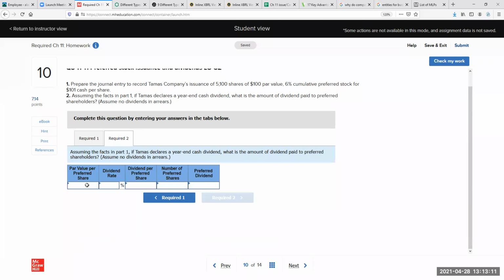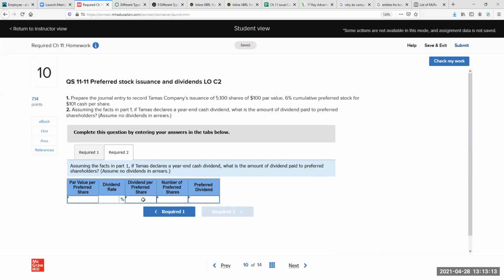And in 2, it says the preferred shares times the dividend rate, dividend per share. Well, y'all, what's the par value? 100. What rate do they get paid? 6%. So how much is the dividends per share? 6% of 100 is, 1% would be 1, so it's really $6 they get, sorry.